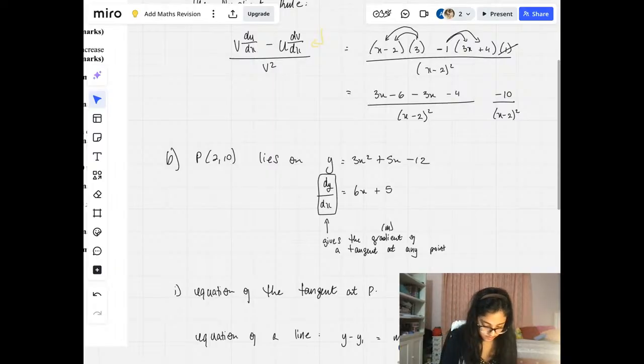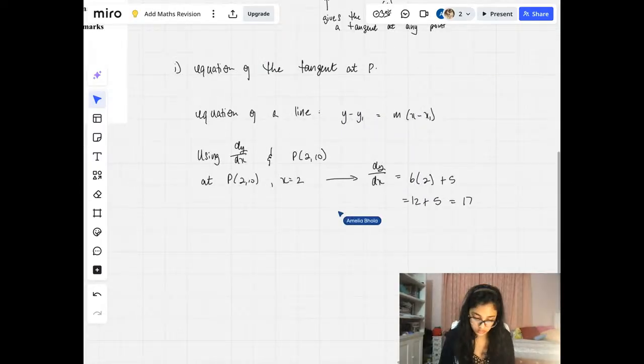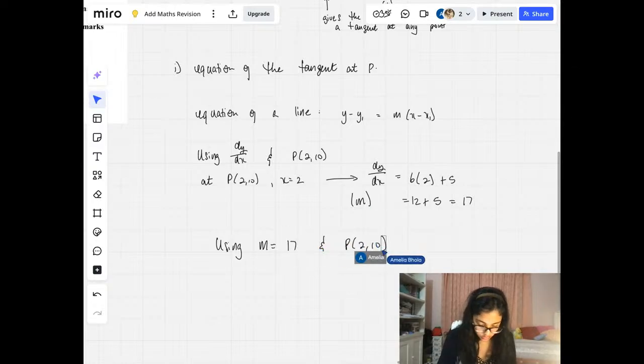So the gradient is equal to 17, and with the point P (2, 10), for the equation of the tangent you just substitute the values into this slope-intercept form.